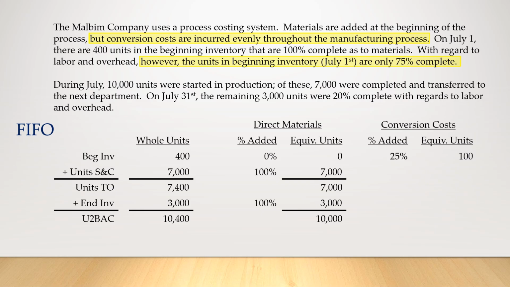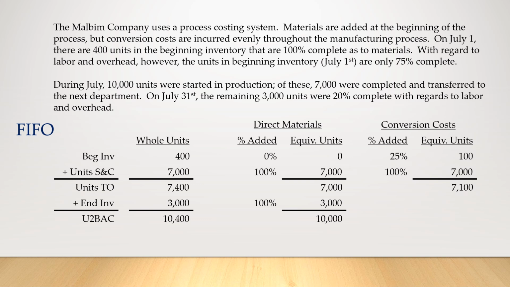What percent of conversion costs were added to units started and completed? 100%. Because these units were completed, they must have received all of their necessary conversion costs for this stage of production. Total equivalent units transferred out are 7,100 units.